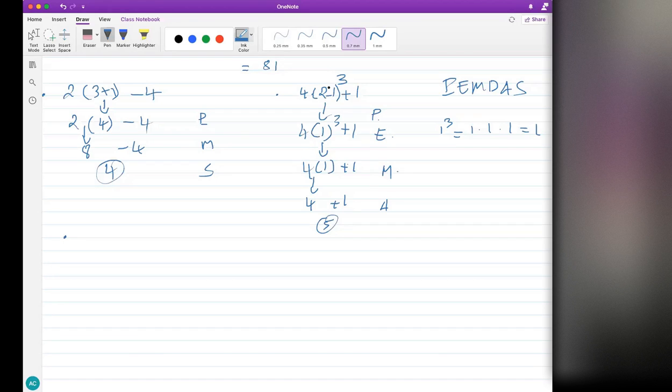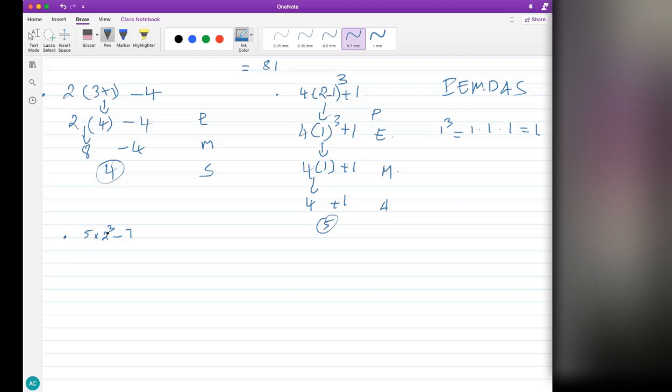Now, okay, we're going to do something close to this. All right. So what is done first here? The exponent. That's right.